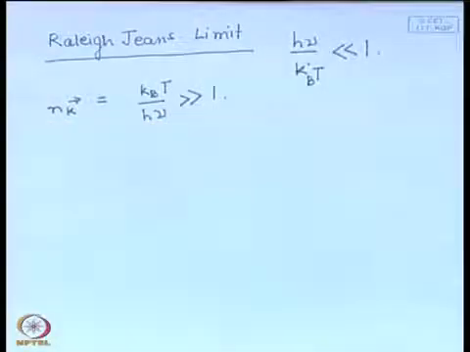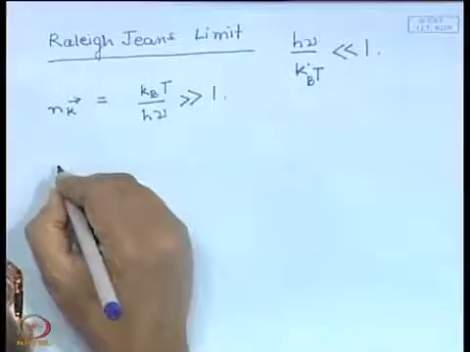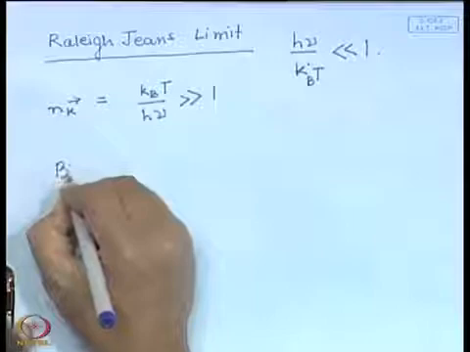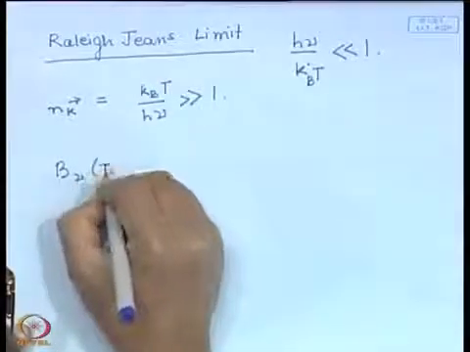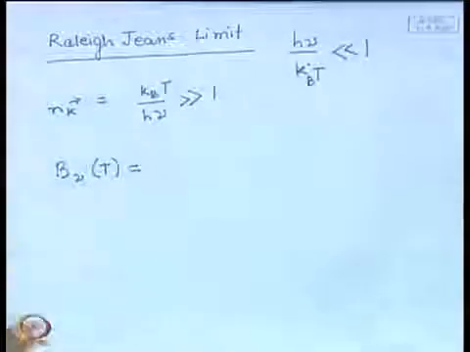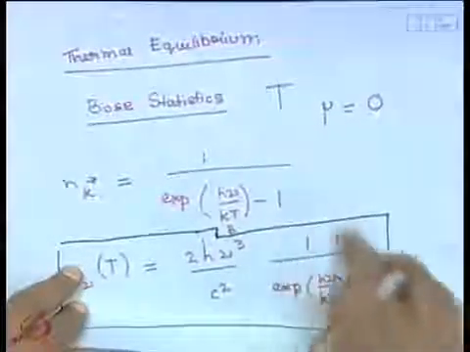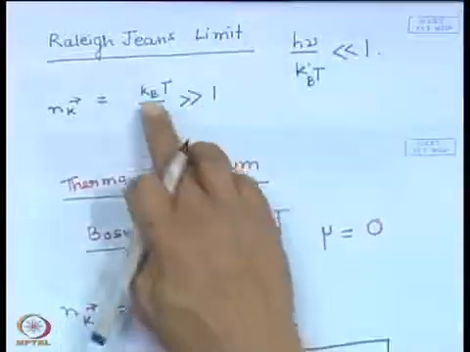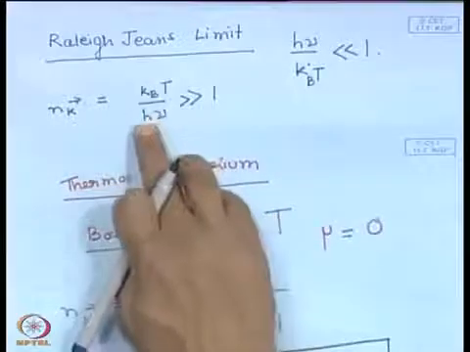In this limit the Planck function, this whole factor is now kBT by h nu.